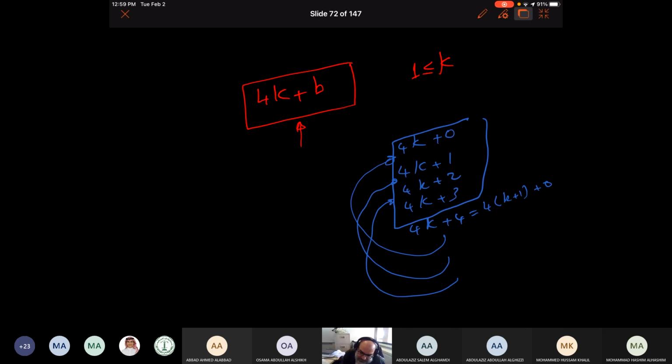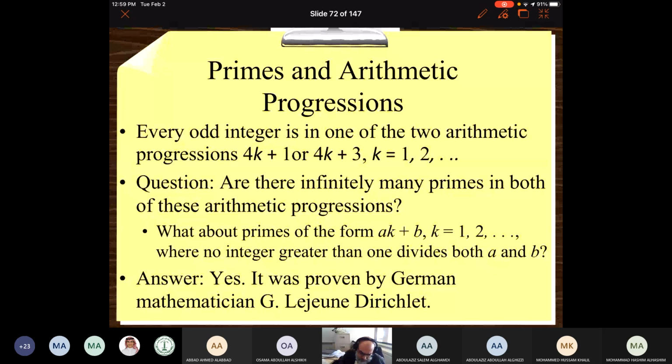Right. Let's go back. We know that every odd integer is in one of these two progressions. It cannot be in any other one. The question is, are there infinitely many primes in both of these arithmetic progressions?